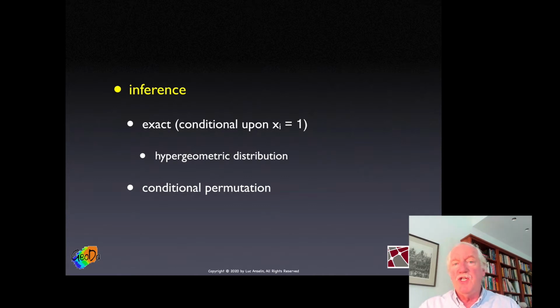The easy way cheats a little bit because it says, given that you have a 1, and of course it ignores the probability of getting a 1, which to do it right, you would have to take into account. But then the number of neighbors that surround it is actually from a hypergeometric distribution, which is straightforward to calculate. But it is overly optimistic because it ignores the uncertainty with having the 1 there.